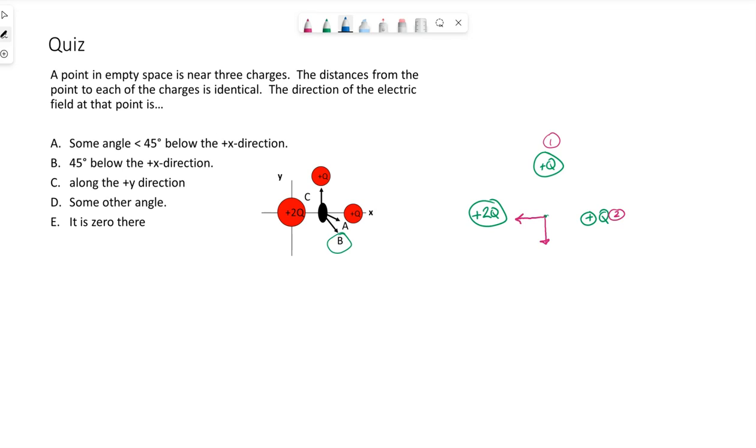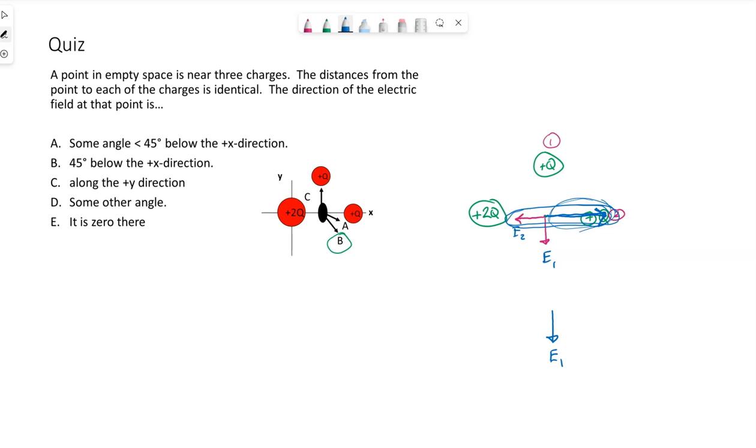2Q is going to create an electric field that's twice as big as either E1 and E2. It points away from it because it's a positive charge. When we add these two together, since they're along the same line, we end up still with E1 pointing down.